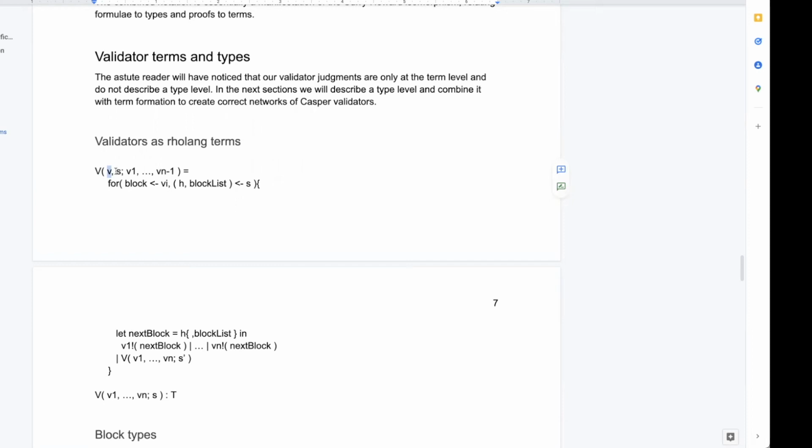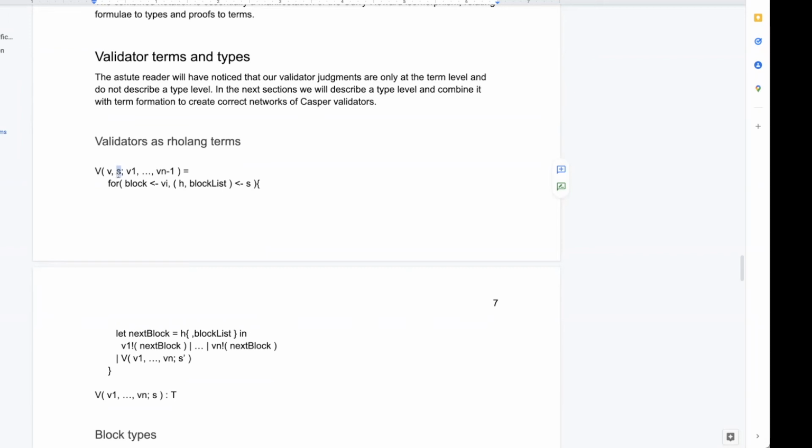And S is the state. So this is its view of the state of the network: the blocks that it needs to remember that it has produced, along with any information regarding transactions. So basically a copy of the tuple space.